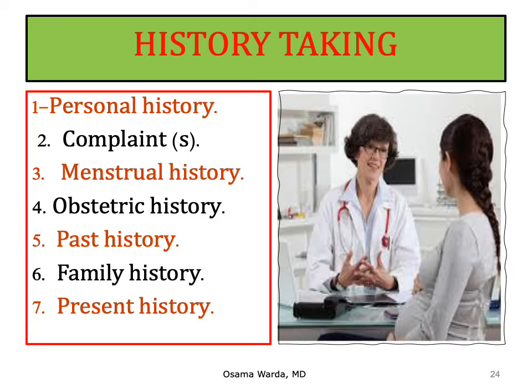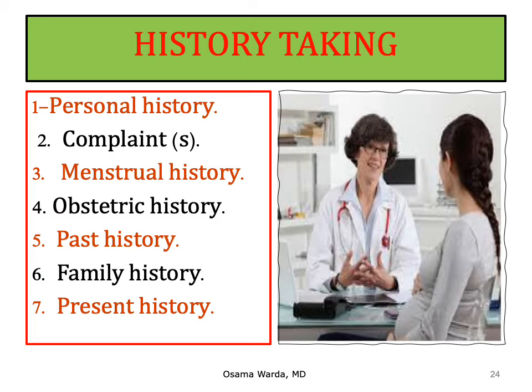History taking, as in any branch of medicine for a female, we start with personal history. Personal history in an obstetric case must be started with gravidity and parity, because this is the first item to be mentioned in the sheet.